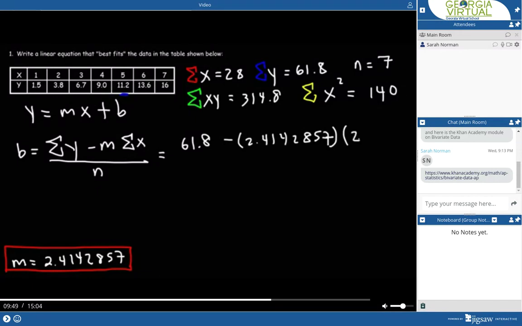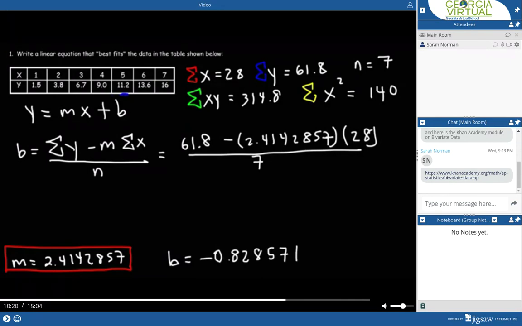The sum of the x values is 28, divided by n, which is 7. If you plug this in, you should get approximately negative 5.8 on the numerator divided by 7. This will give you a b value of negative 0.828571.